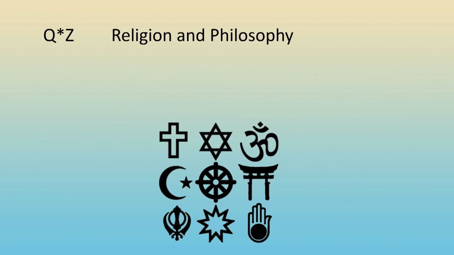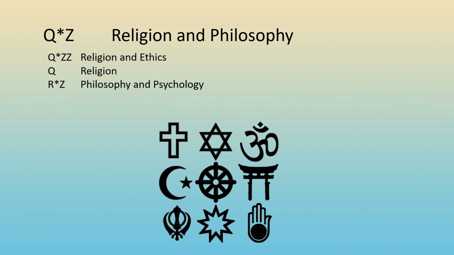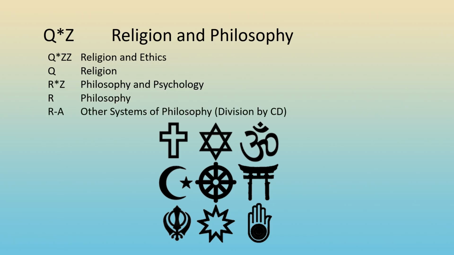Next, we give an outline of the agglomerate religion and philosophy denoted by capital Q star capital Z. And again, capital Q star capital ZZ is the agglomerate of religion and ethics, including Q religion, then philosophy, and their systems, specials, and canonical classes.